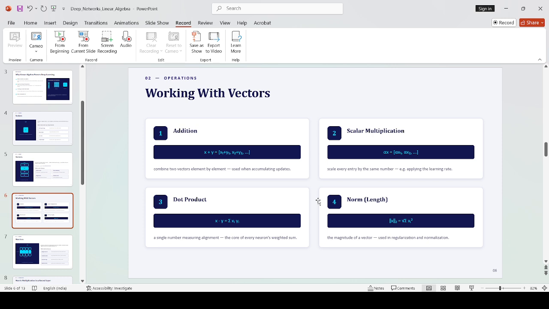Several important mathematical operations can be performed on vectors. The first is vector addition, where corresponding elements are added together. The second is scalar multiplication, where every element of a vector is multiplied by the same scalar value. This operation is commonly used when applying the learning rate during gradient descent. The third and most important operation is the dot product.